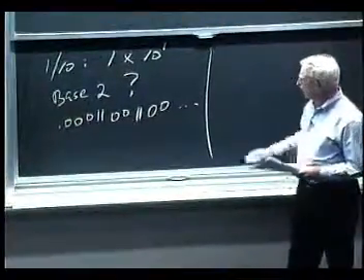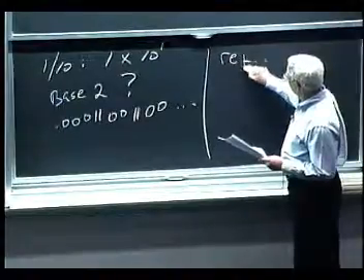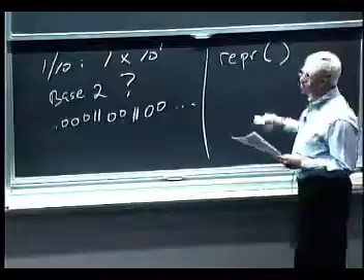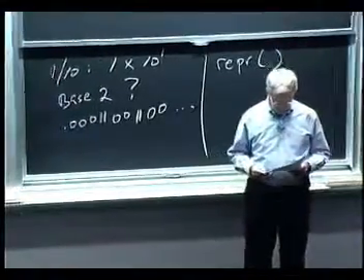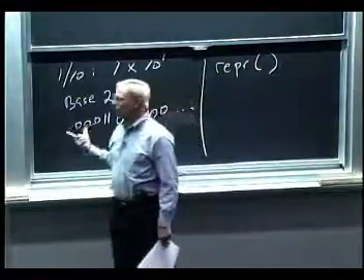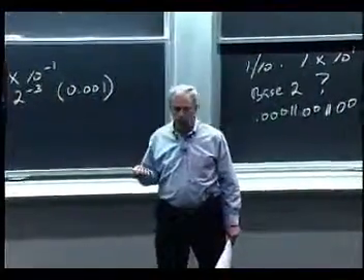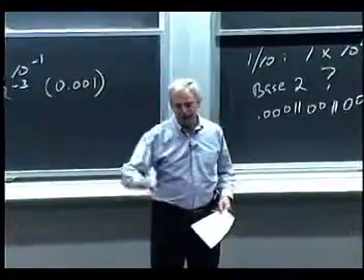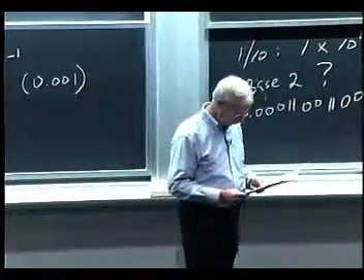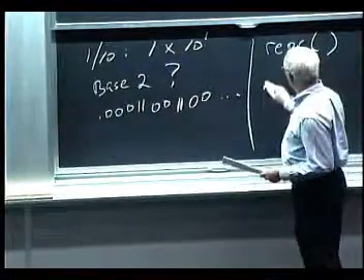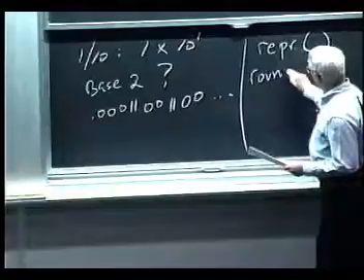in Python, whenever we display something, it uses the built-in function repr, short for representation, that converts the internal representation, in this case of a number, to a string, and then displays that string on the screen. For floats, it rounds it to 17 digits.